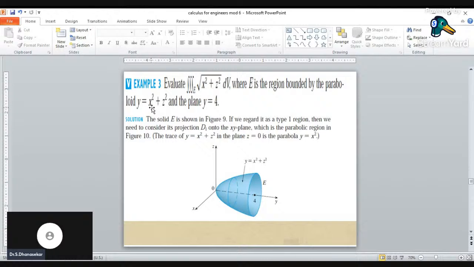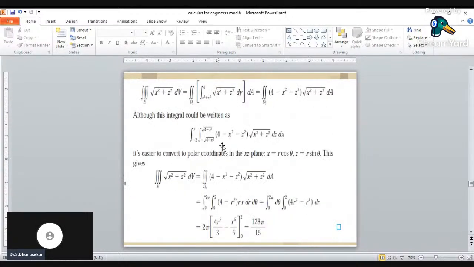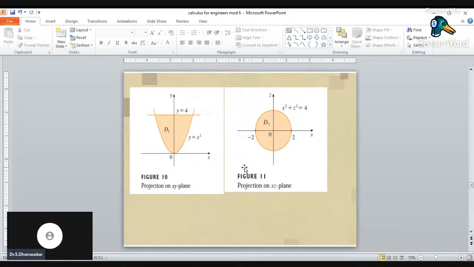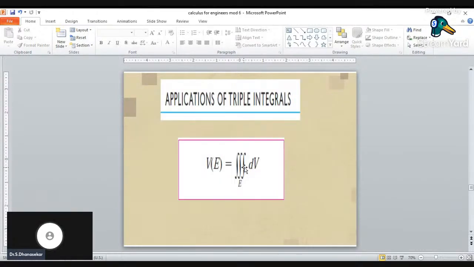That means it's a circle centered at the origin with radius 2 in the xz plane. So when it is a circle, it is easy to apply polar coordinates, and I can easily find the answer. That's the key we have to remember.